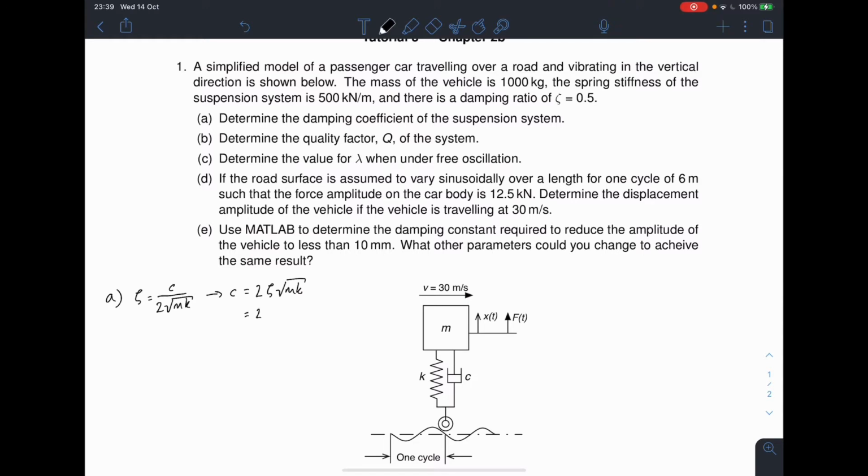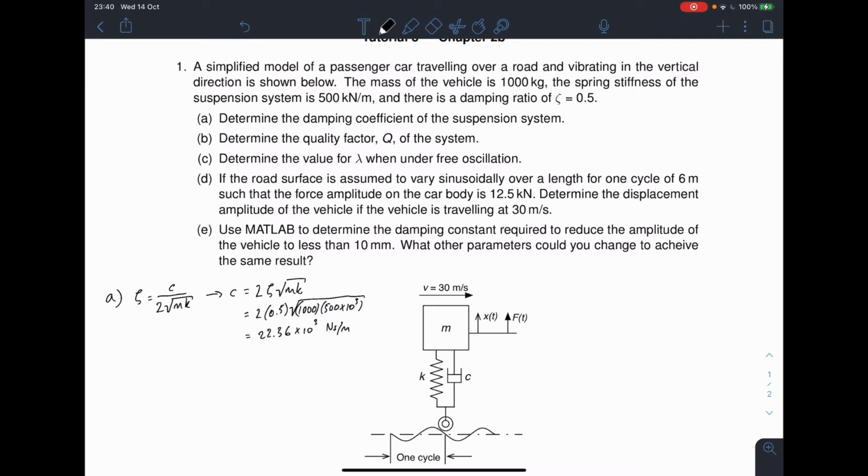So we've got 2, 0.5, square root of m, which is 1,000, and k, which is 500 times 10 to the 3. And we do the sums, and you get 22.36 times 10 to the 3 Newton seconds per metre.